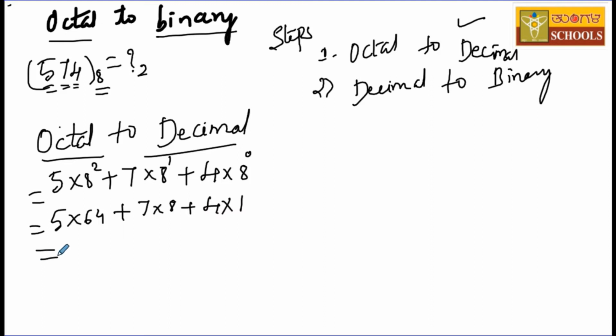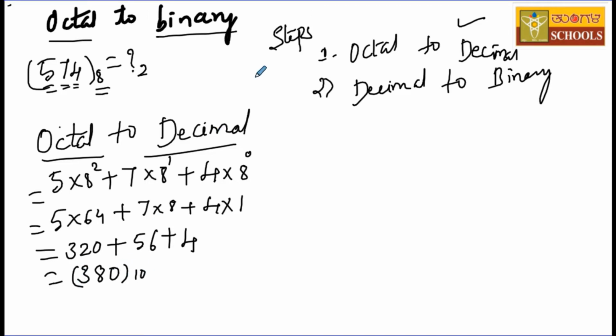Now you calculate this. 64 into 5 is 320, plus 7 into 8 is 56, add 4 into 1 is 4. If you add this, what will you get? 380.